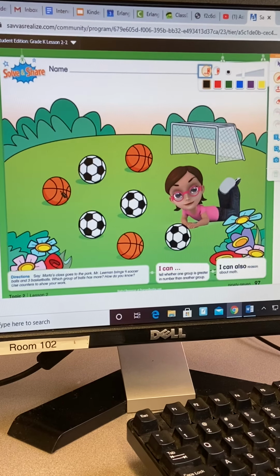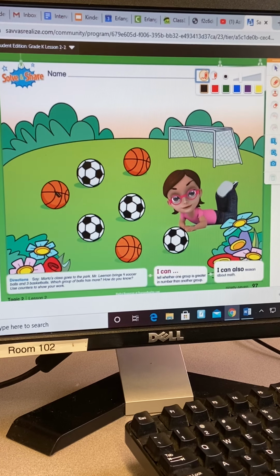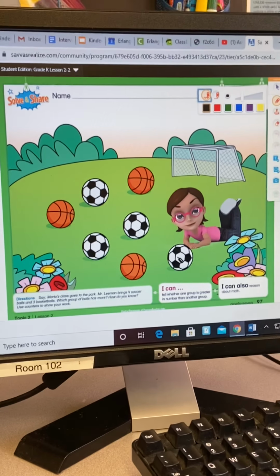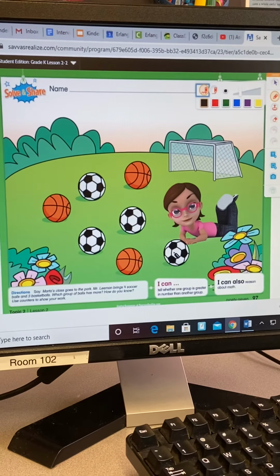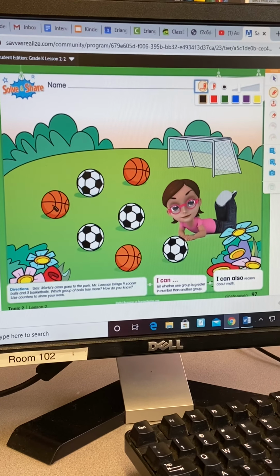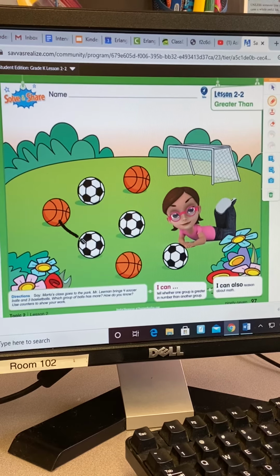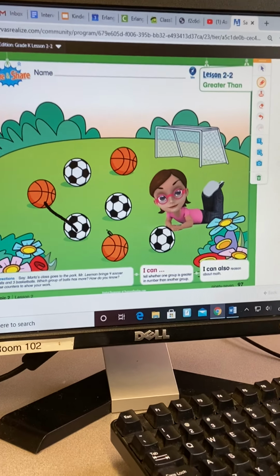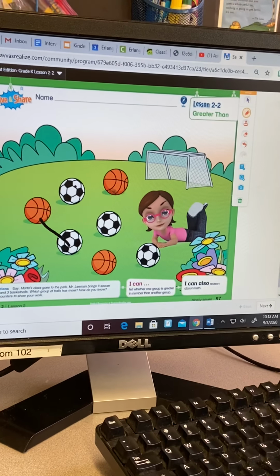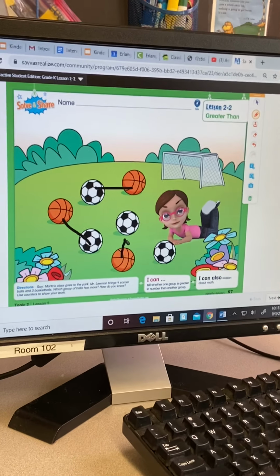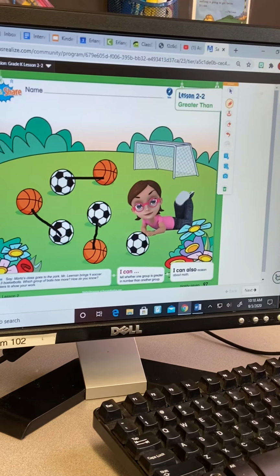So remember when we were talking about drawing our lines, I'm not going to draw a line from this basketball all the way to this soccer ball because it's going to get a little messy and I might lose count. So what I'm going to do is draw a line to my closest soccer ball. So from this basketball to this soccer ball, they're pretty close. I'm going to draw a line from this basketball to this soccer ball, this basketball to this soccer ball.